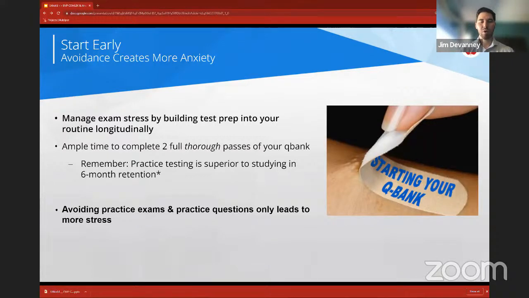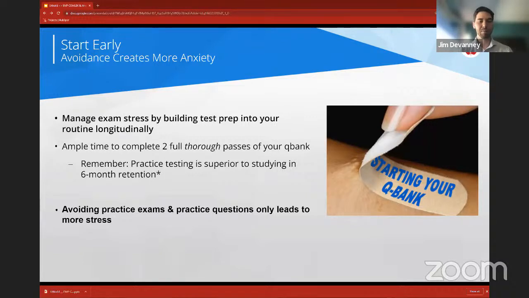Our recommendation is starting them as soon as possible and giving yourselves ample time to complete 2 full passes through the question bank of your choice. This gives you the opportunity to see all the concepts multiple times.